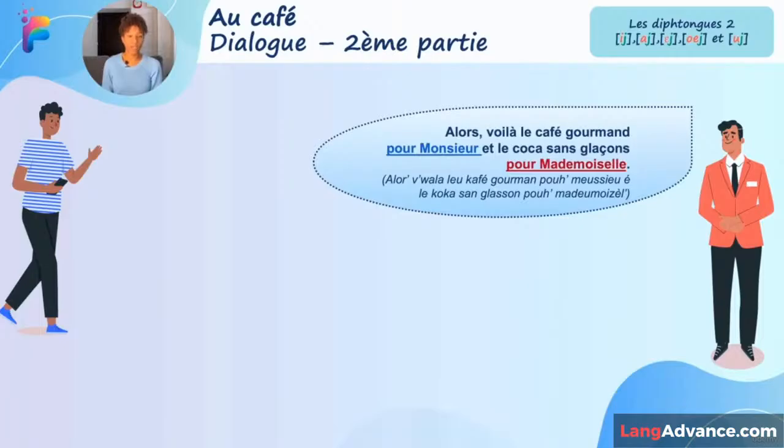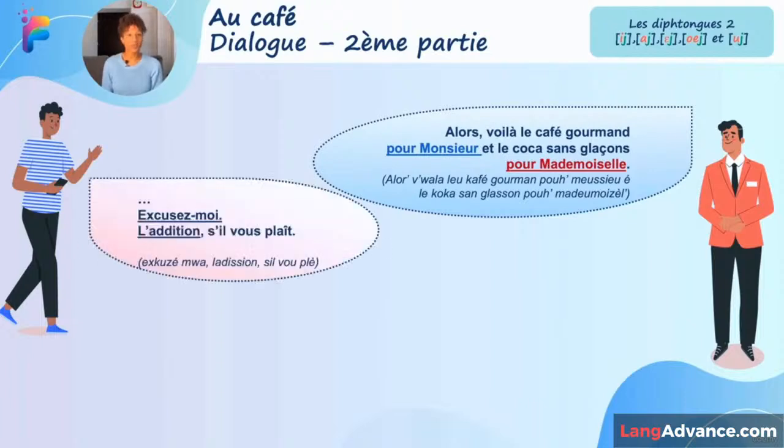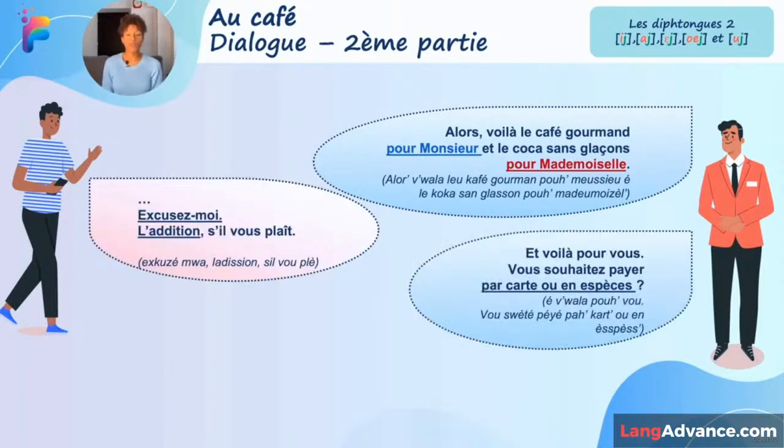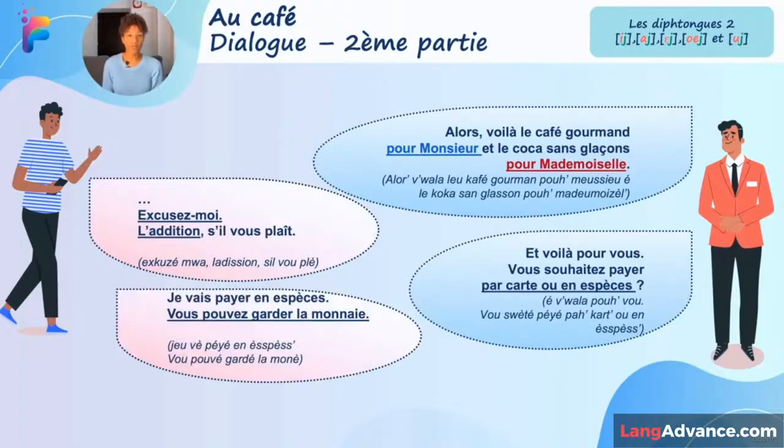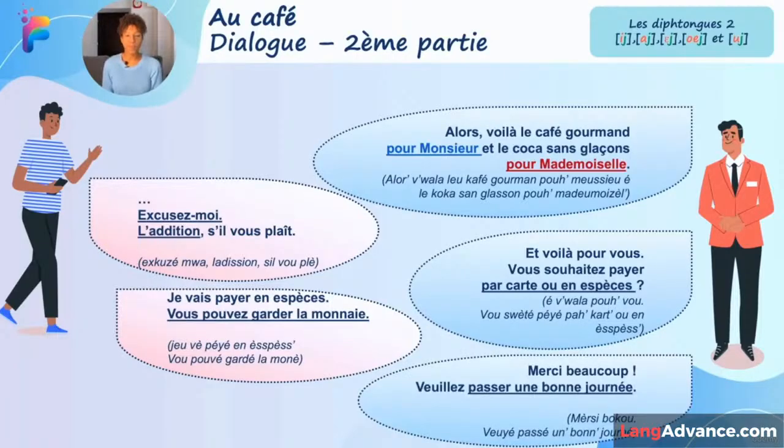Alors, voilà le café gourmand pour monsieur et le coca sans glaçons pour mademoiselle. Excusez-moi, l'addition, s'il vous plaît. Et voilà pour vous. Vous souhaitez payer par carte ou en espèces? Je vais vous payer en espèces. Vous pouvez garder la monnaie. Merci beaucoup. Veuillez passer une bonne journée.